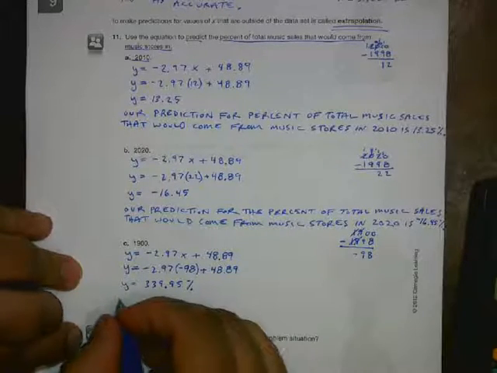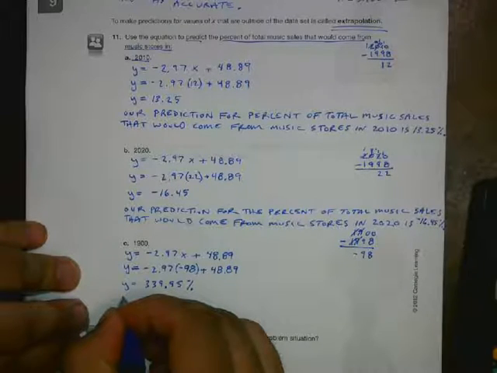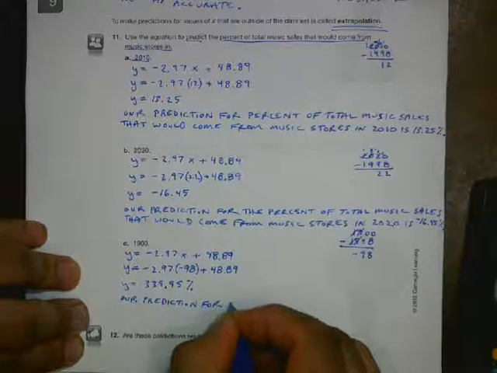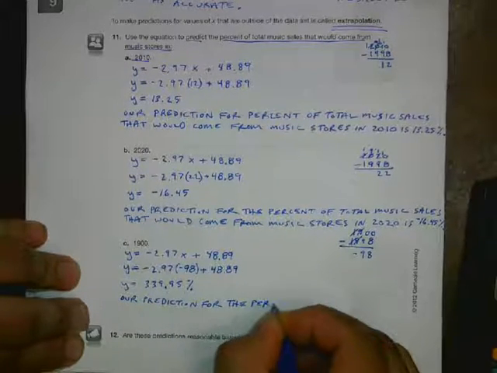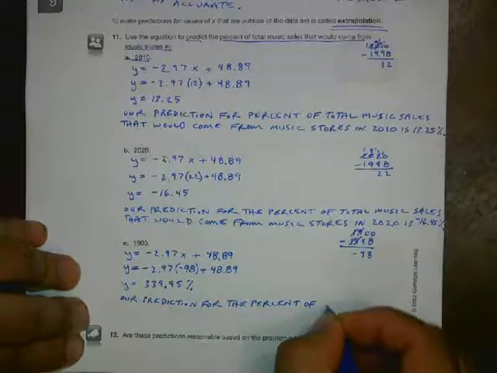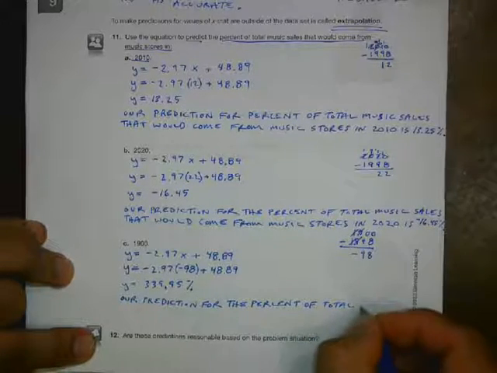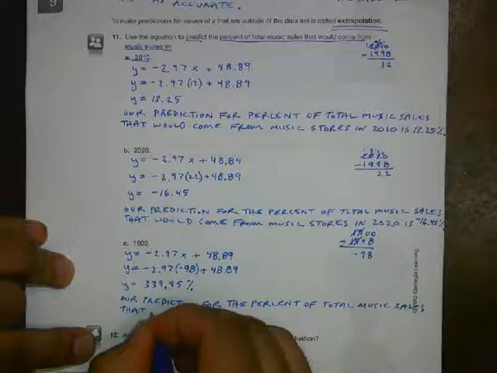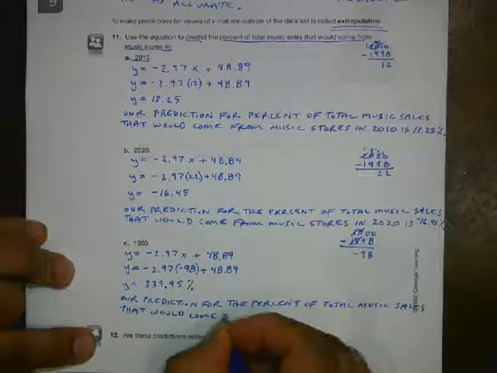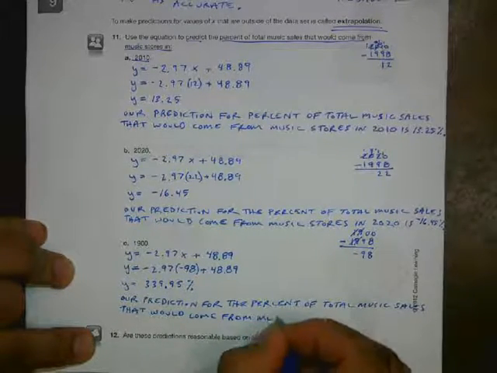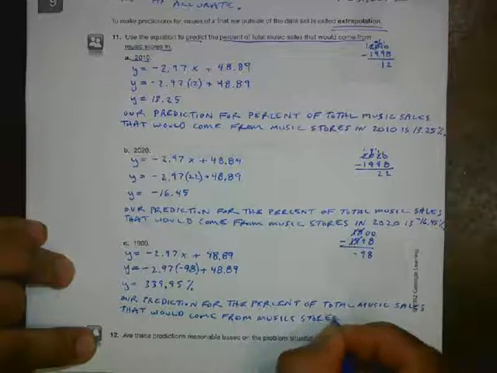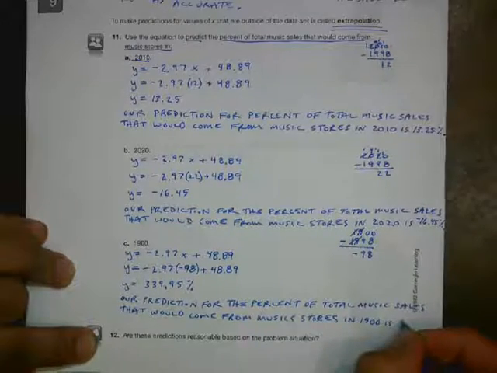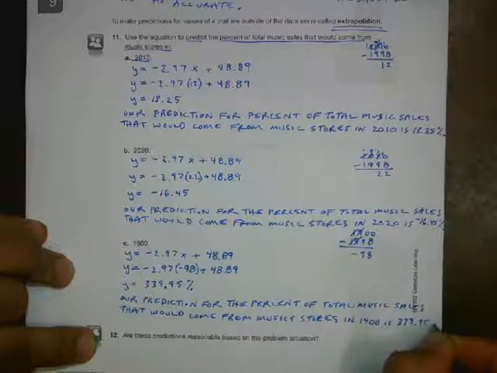So we could say our prediction for the percent of total music sales that would come from music stores in 1900 is 339.95%.